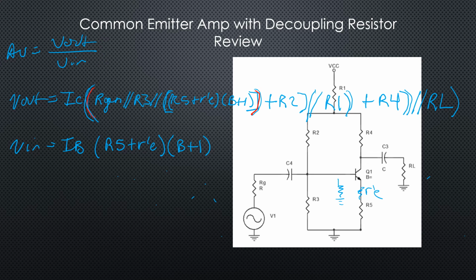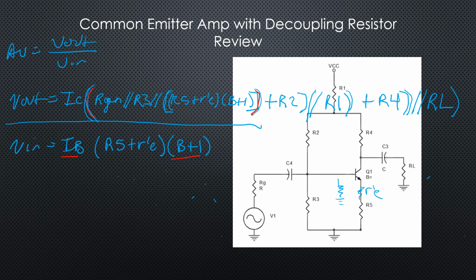Now mathematically, if we look at this, IB times beta plus 1, we can see that that would be equal to IE. So we can now convert that to alpha because it's V out over V in.